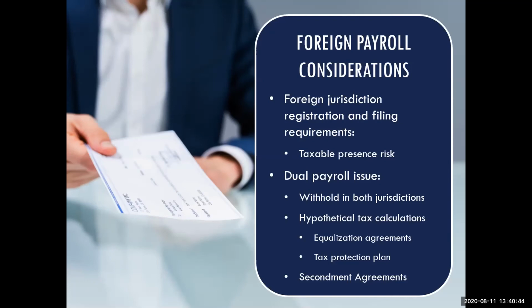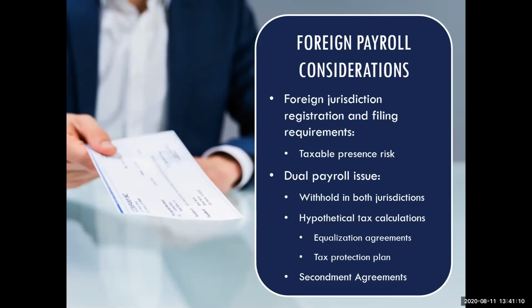Also, dual payroll issues come up quite often. This is a very complicated area, and so I'm going to talk just high level, that sometimes we want to pay the employee from the US, but we also need to be doing the withholding tax, etc., in the foreign location. And so what happens there is we can do a couple of different things.